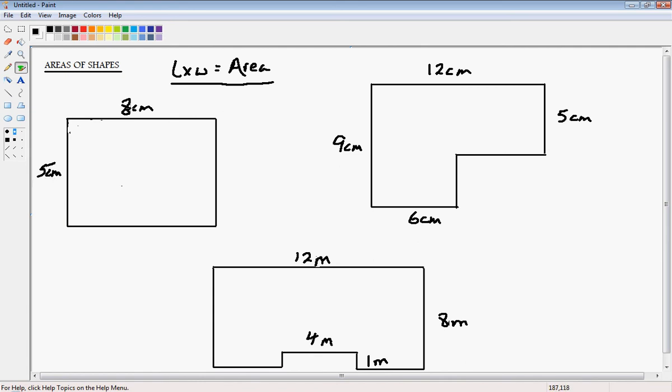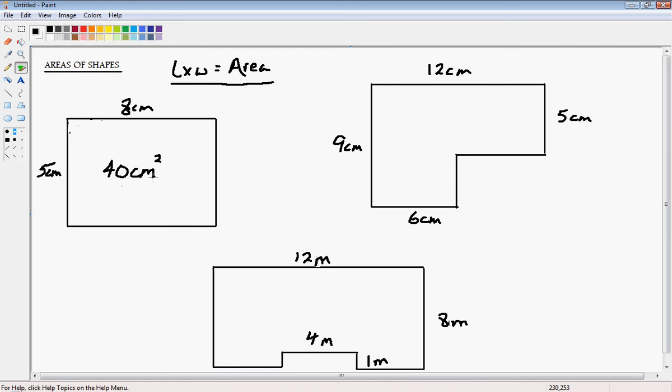Now, it doesn't matter which one you call the length and which one you call the width, but you multiply these two together. So 5 times 8 is 40, and that will be centimeters squared, because centimeters times centimeters gives us centimeters squared.